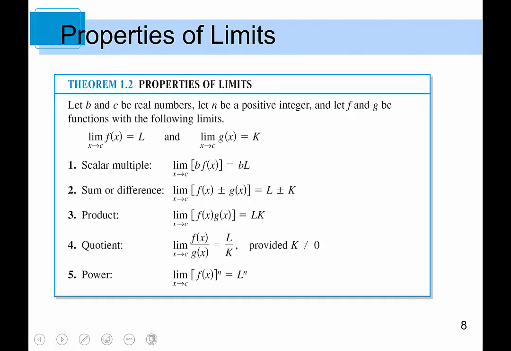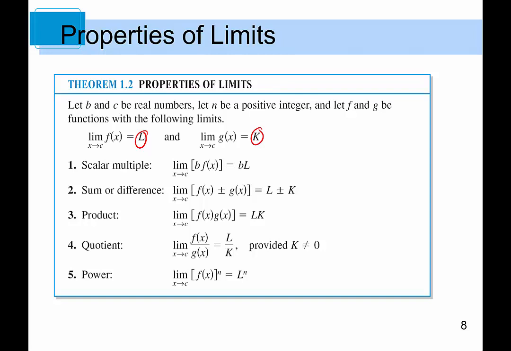So there are more properties of limits. Let b and c be real numbers, let n be a positive integer, and let f and g be functions with known limits. So limit for function f of x when x approaches c is L. Limit for function g of x when x approaches c equals k.